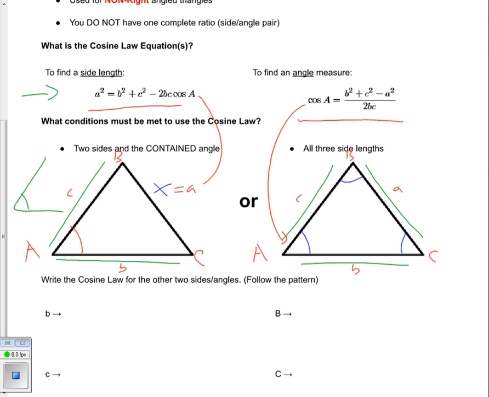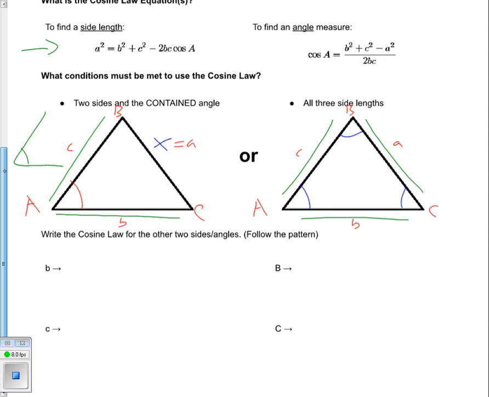Okay, so it's important to know which formula is for which piece. Now, if you're trying to solve for a different angle or a different side length, you have to modify the formula slightly.